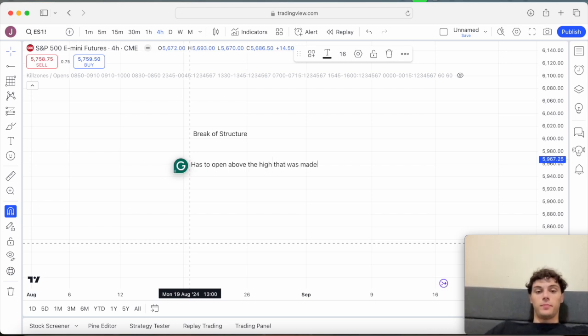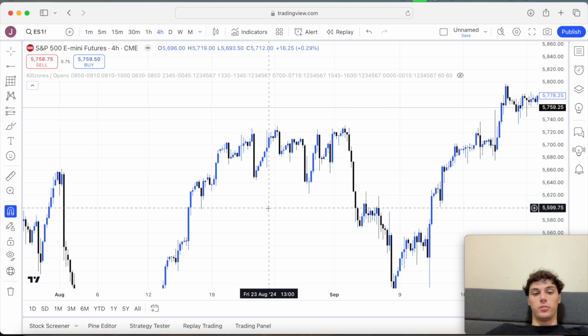I cannot type. If it creates a new high, it replaces the old high, and the new high indicates if it breaks structure. So what I mean by that is, I'll show you an example.